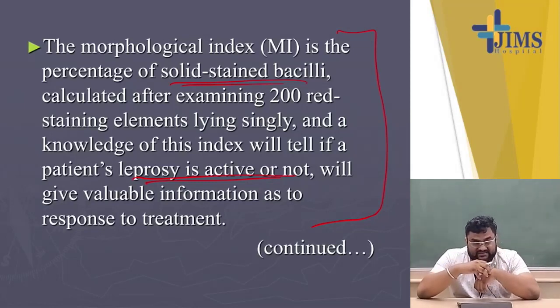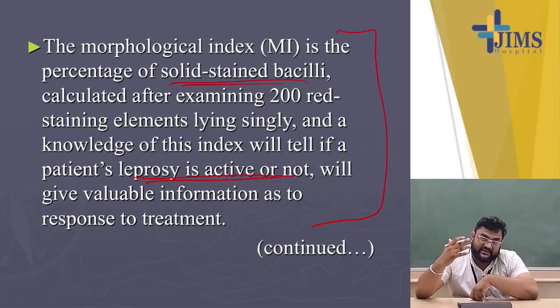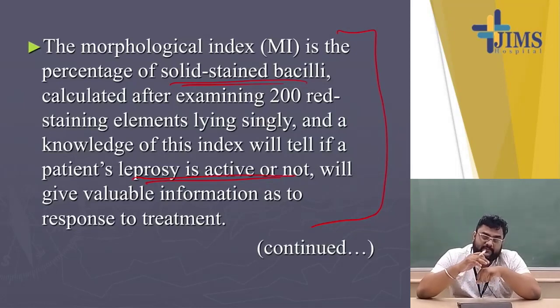Because it is one lesion and it is well developed, because the body's immunity fights against the bacilli better, we will see a well-defined and properly demarcated lesion in the skin.